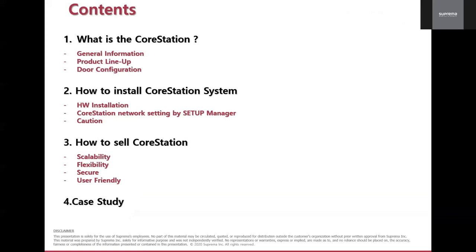There are 2 different aspects of the CoreStation. You could control and configure it by the application, or you could use the web server, by connecting directly to the CoreStation itself with your laptop. And then also cautions to watch out for as you're installing the CoreStation system.